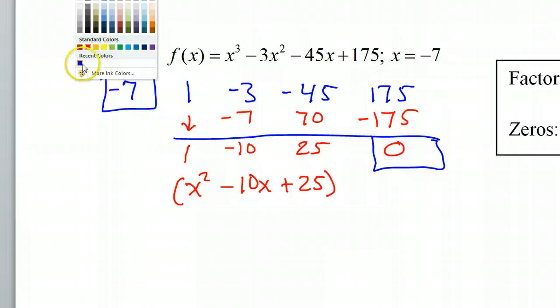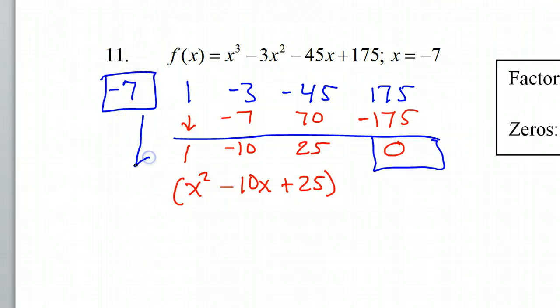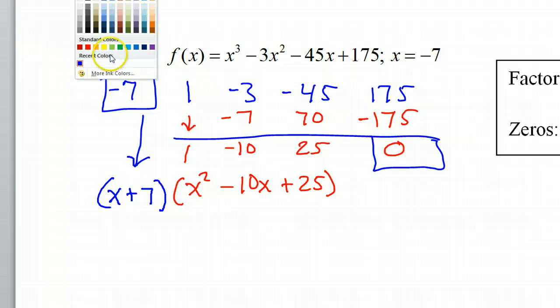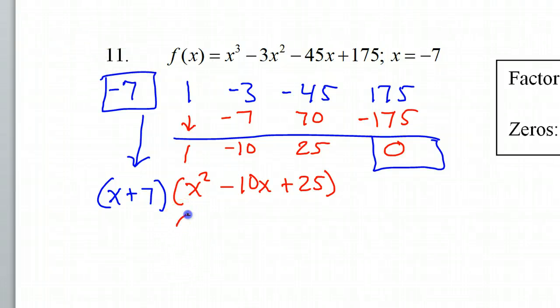Okay, let's go ahead and bring down the factor that is associated with negative 7. That would be x plus 7. And then we have to keep factoring. X squared, that's x times x. 25, that is 5 times 5.